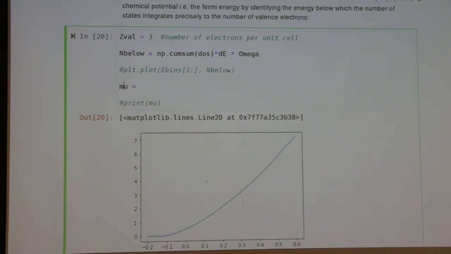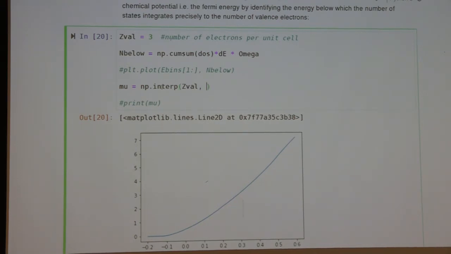So one useful trick for doing these kind of inversions is to use interpolation. Because I have this monotonic function, I want to interpolate to find what is the energy corresponding to Z val.